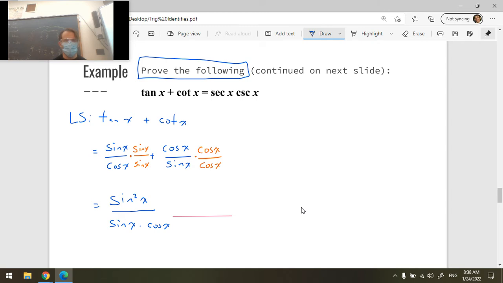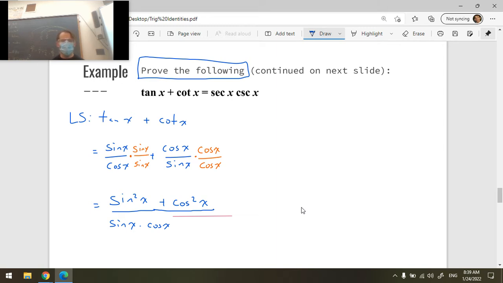But that's the same denominator I have over there. So I can actually extend that fraction and say that that's sine squared x plus cosine squared x. So I find sine squared here, I find cos squared there. Because they're over the same denominator, the pizza is being cut into the same number of slices, so I put that denominator together on the bottom. And so I have sine squared x plus cosine squared x over sine x cos x.